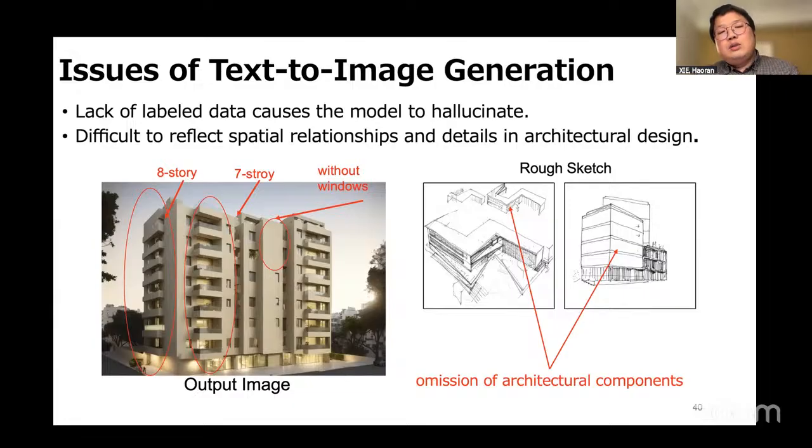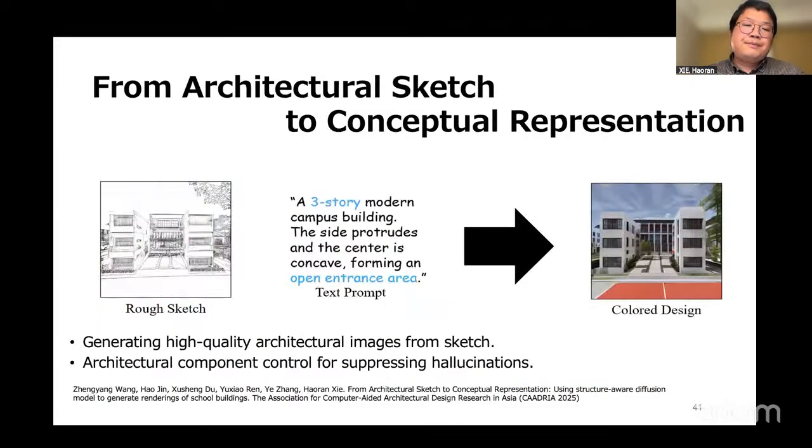So we are thinking about how we can improve text-to-image generation to solve this kind of hallucination, caused by the training data and by spatial relationships and details not considered in common generative models.